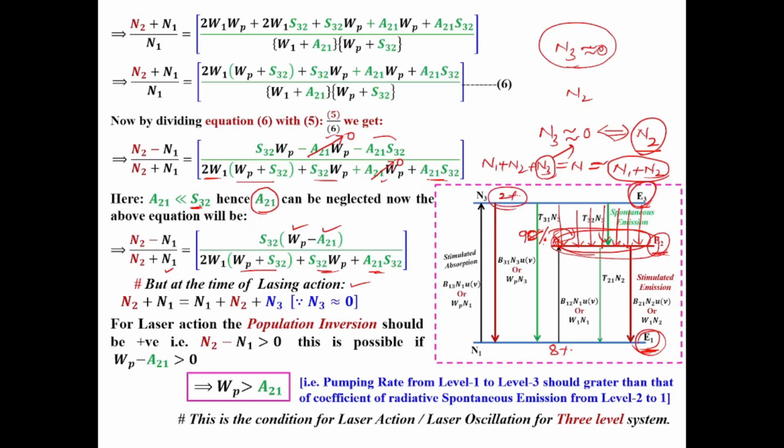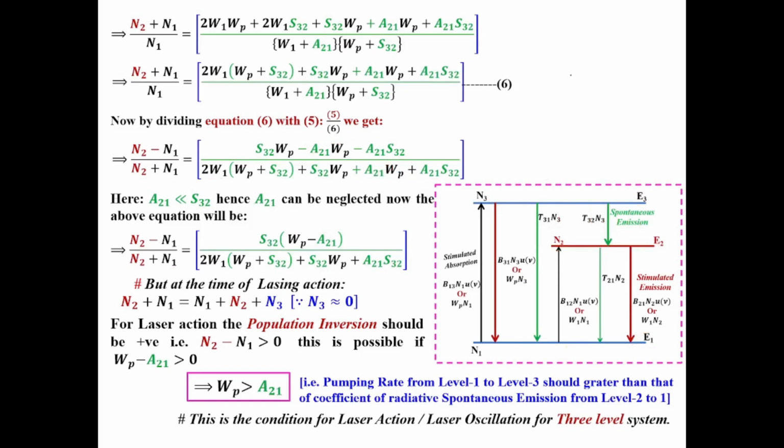So if I add E2 and E1, the number of atoms is around 98 to 99 percent. So the total number of atoms and molecules is equal to N1 plus N2 when the lasing action starts in the three level laser system.